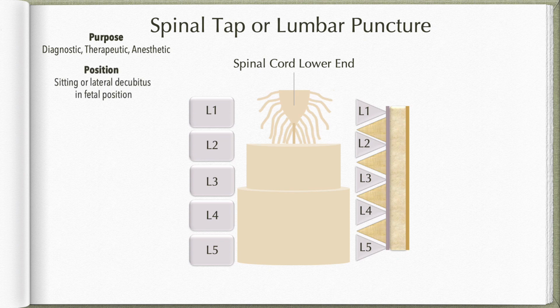The position of the patient is either sitting or lying down on one side, what is called lateral decubitus, and the patient takes the fetal position by completely flexing the vertebral column to separate out the spines.